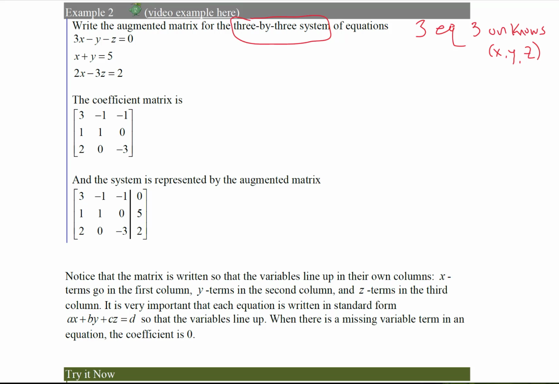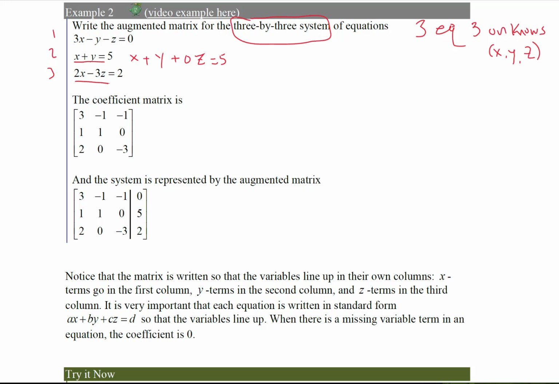And of course we have 3 equations, 1, 2, 3. And we're going to turn this into a matrix. Now, notice though, the second one has no z. So, in your mind, you can think of it as 0 z.